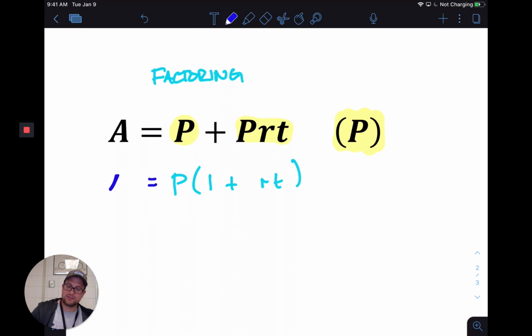On the other side, we're still going to be left with A. Now, we still want to get P alone, and what factoring did is made P hooked onto there by multiplication, so now we can unhook it using division. Since I want to get rid of this 1 plus rt, that's what we're going to divide by.